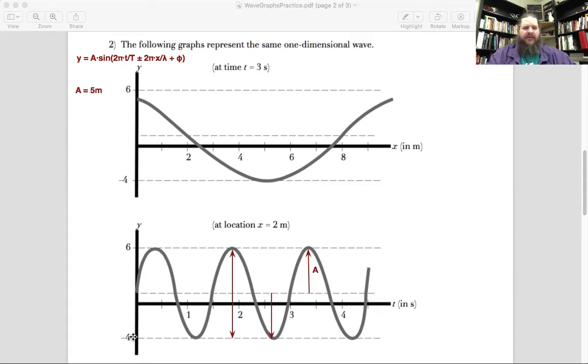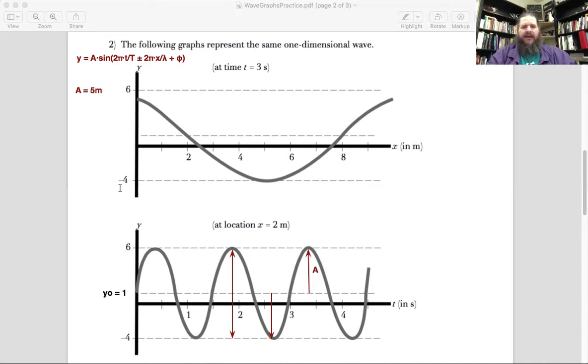So what would that be? What's halfway between those? So it's 1. Right. And we usually call that Y equilibrium or Y sub 0. That's just the equilibrium point that everything's oscillating around. We go one amplitude above equilibrium and one amplitude below equilibrium.